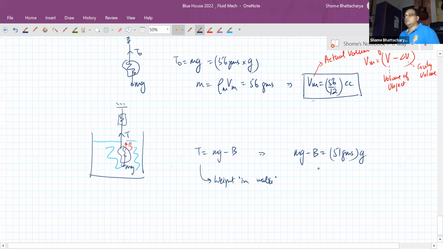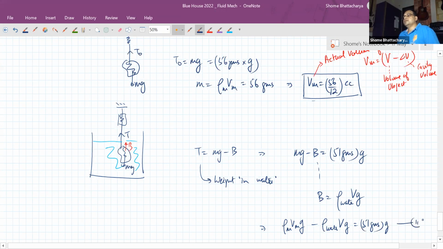Okay. Now what will be the buoyant force in this case? It will be equal to the density of water into the total volume of the object into g. So density of metal into volume of metal into g minus density of water into volume of the whole object into g is equal to 51 grams into g.